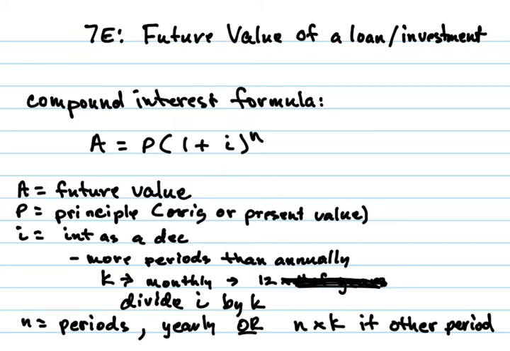Okay? So let's just walk through the steps for making this work. First thing, list all variables. Now, you're not going to want to do this. You're going to want to just start plugging things right into the formula, but I'm going to tell you, you should list all of your variables. It will give you a heads up about what's happening.